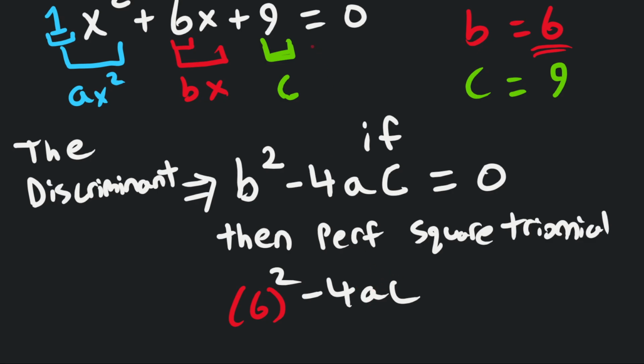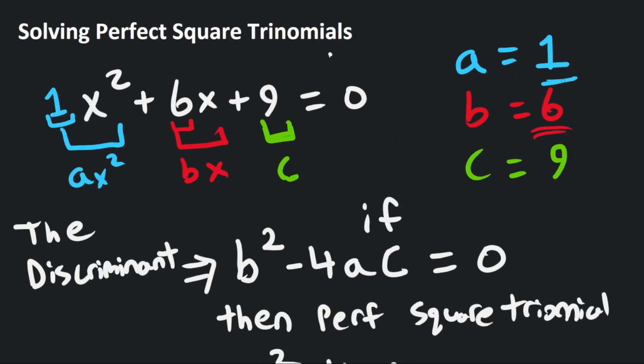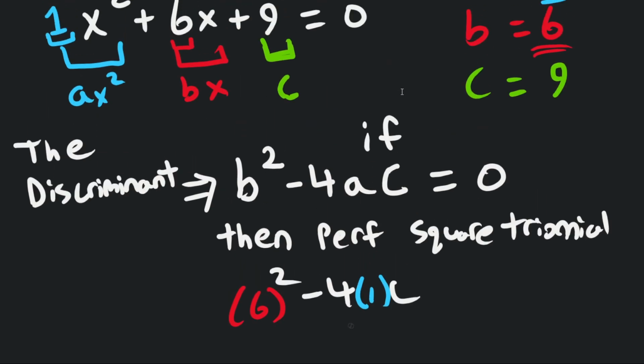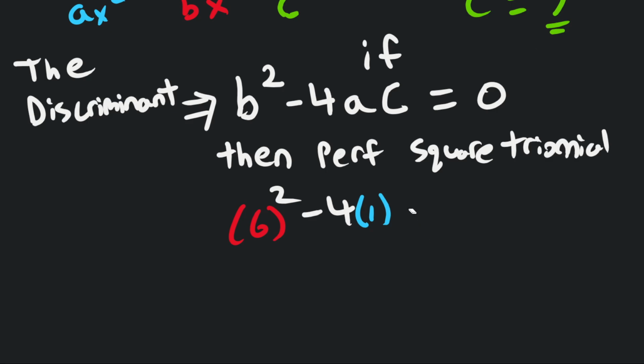And what is our a? As you can see up here, our a is 1, so we'll plug in 1 for a. And what is our c? Our c is 9, and we'll plug in 9 for c. So times 9.